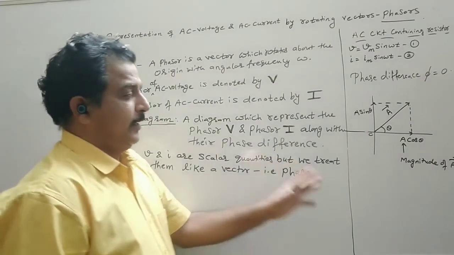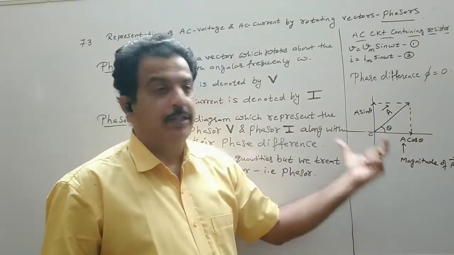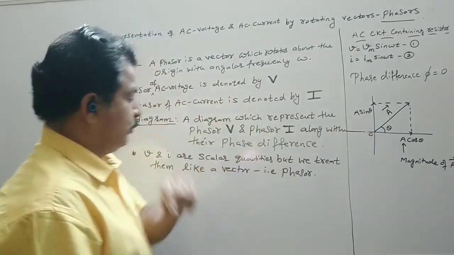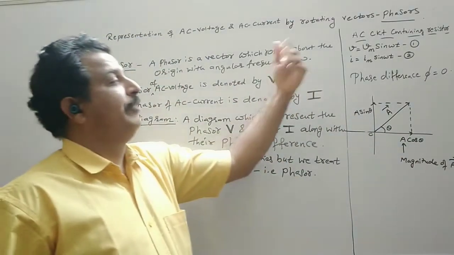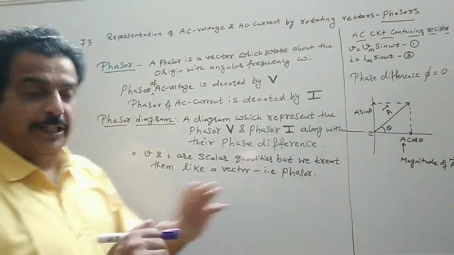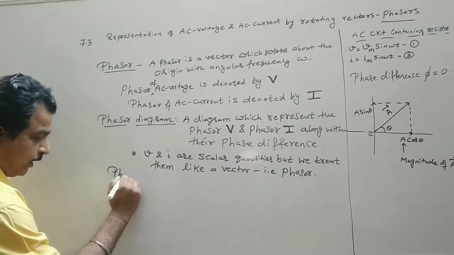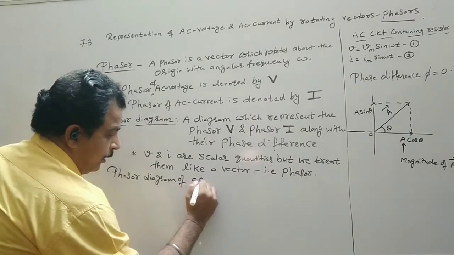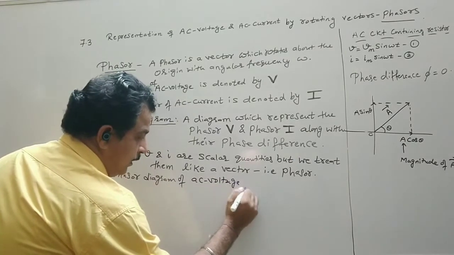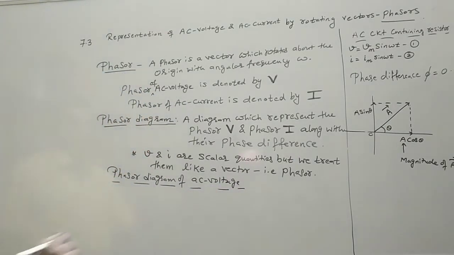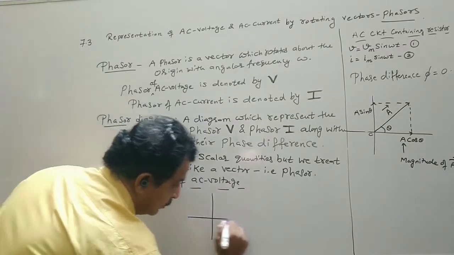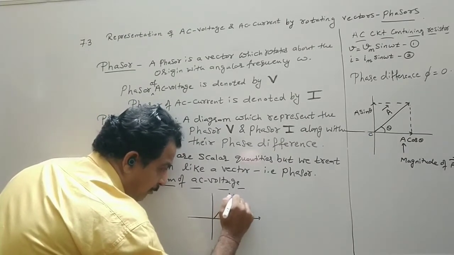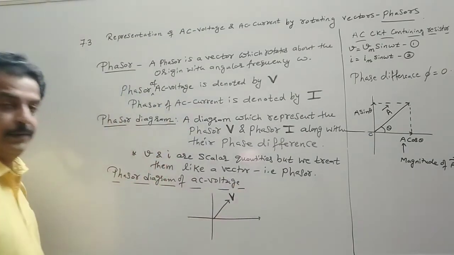It resembles the concept of vectors where we take a horizontal and a vertical component. Suppose I want to draw a phasor diagram of AC voltage only. I will put a capital V, a little bit bold.